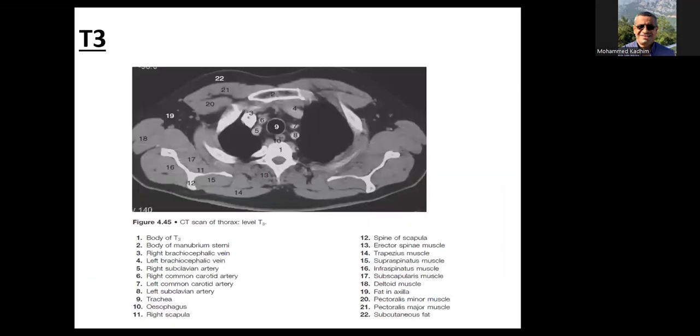On CT at the level of T3, we see here the third vertebral body, trachea, esophagus, the body of the sternum, the right common carotid and subclavian artery, the left common carotid and subclavian artery, and the right brachiocephalic and left brachiocephalic veins.